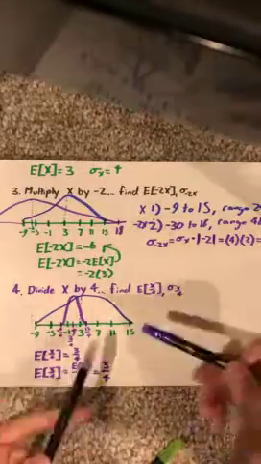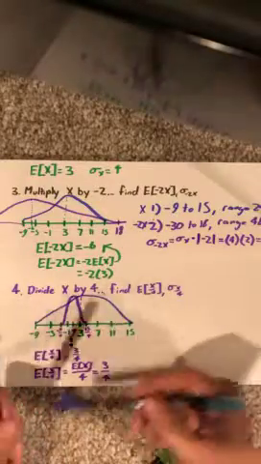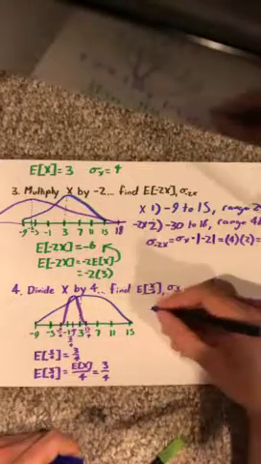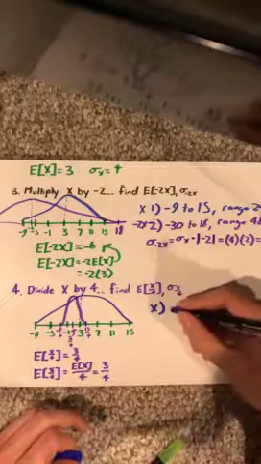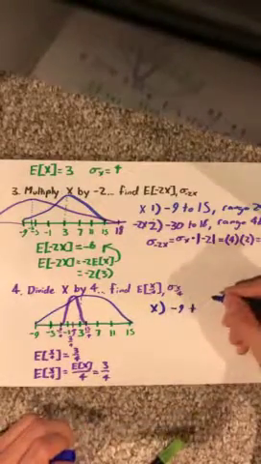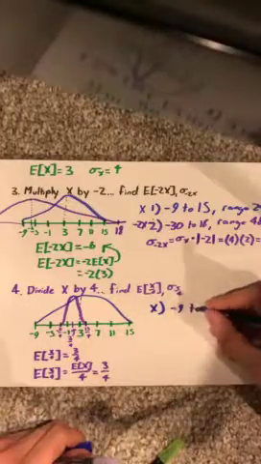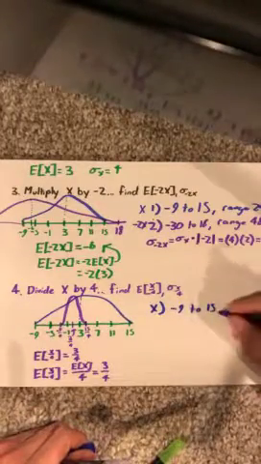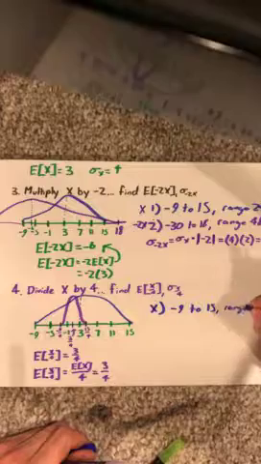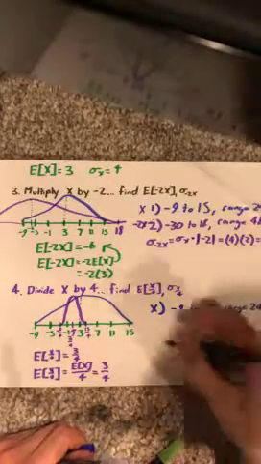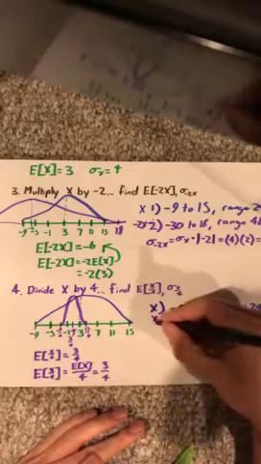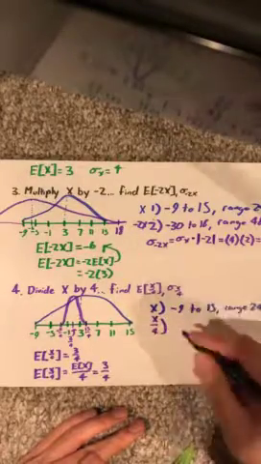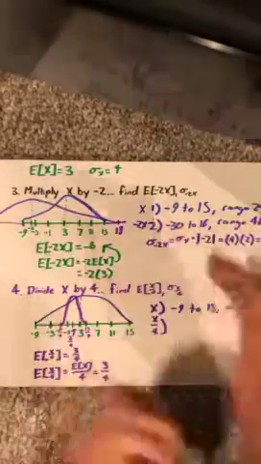You'll notice, obviously, that this blue distribution, which is our x distribution, ranged from -9 to 15, which is a range of 24. But our x over 4 distribution has been shrunken in. It's been squished together.